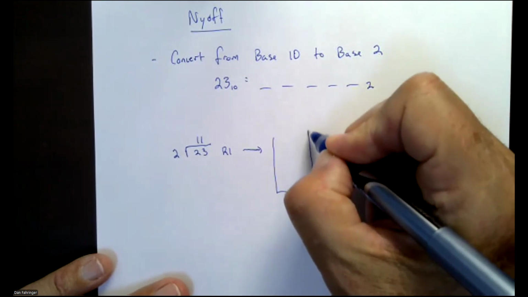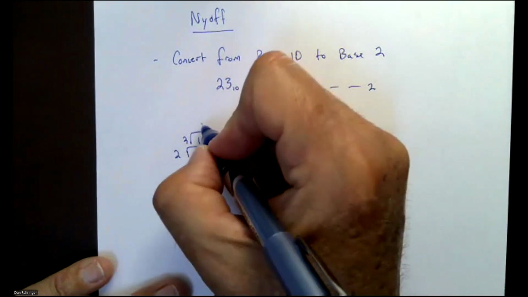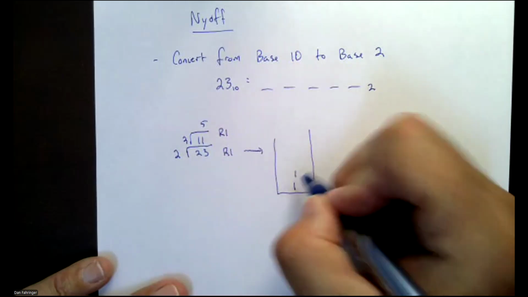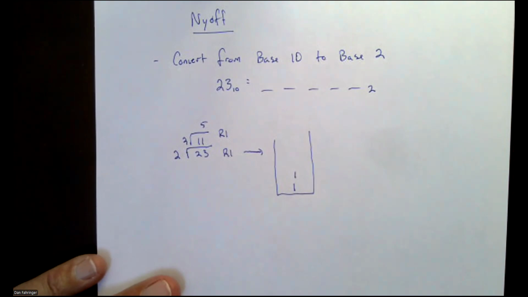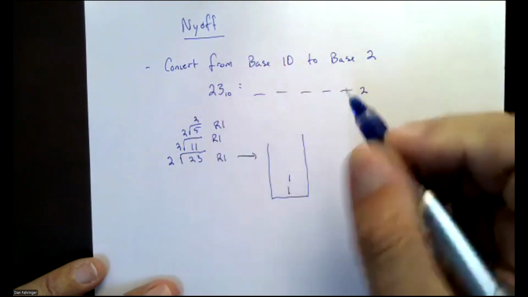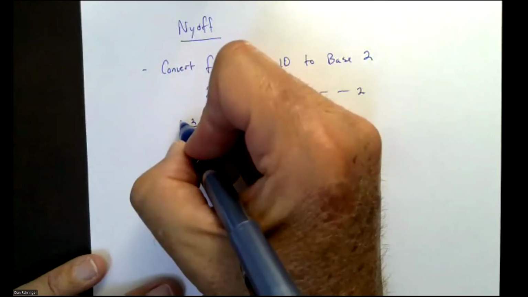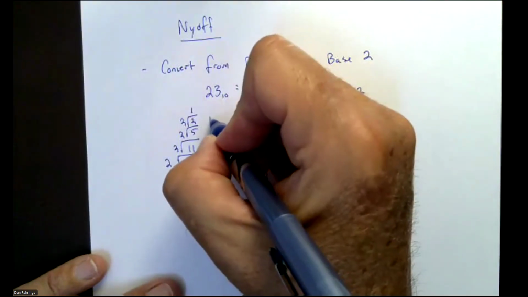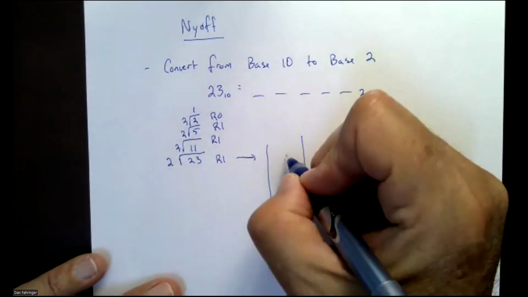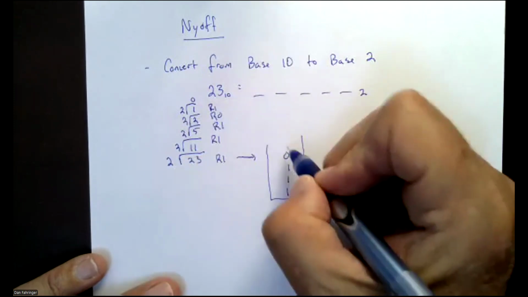We are going to push it. 2 goes into 11 5 times with a remainder of 1. We're going to push it. 2 goes into 5 2 times with another remainder of 1. 2 goes into 2 1 time with a remainder of 0. And 2 goes into 1 0 times with a remainder of 1.